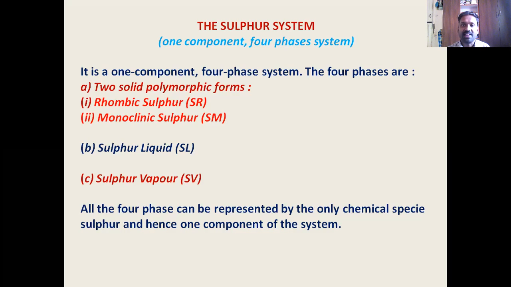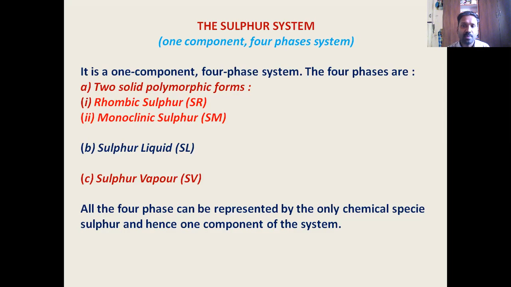In the solid sulfur, we don't have all solid sulfur in a single phase. Depending upon the temperature and pressure, sulfur can change its crystal structure. Okay. So there are two phases identified for solid sulfur. One is the rhombic sulfur, the other is the monoclinic sulfur.